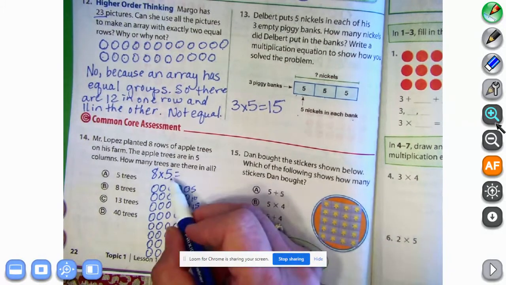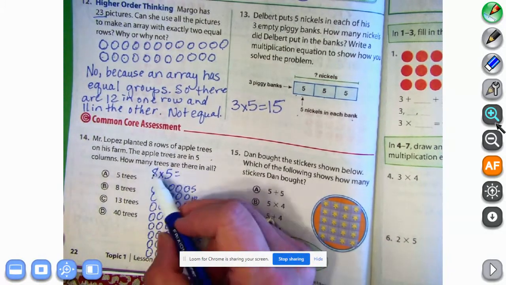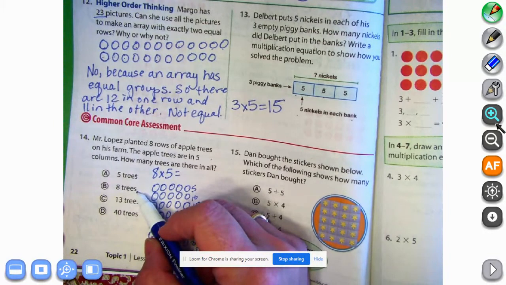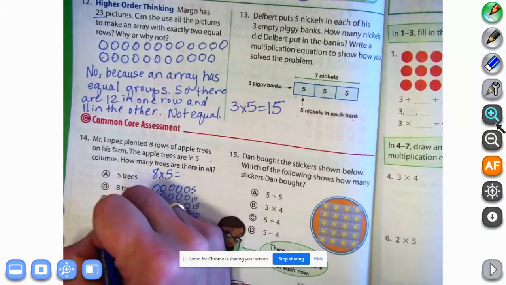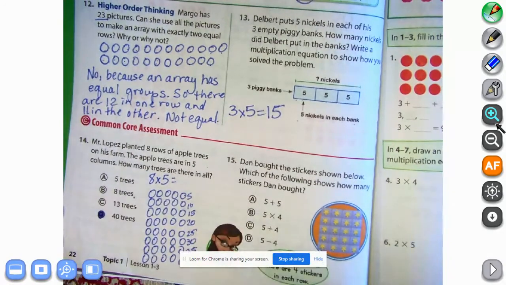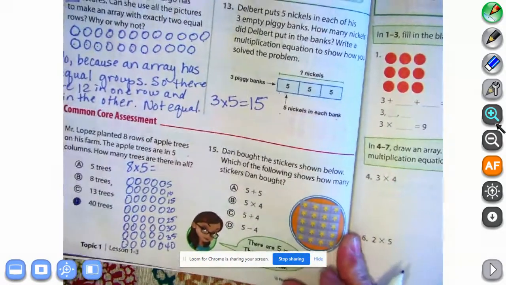Okay, so how many trees are there in all? 5 trees, 8 trees, 13 trees, or 40 trees? There are 40 trees. We just figured that out.